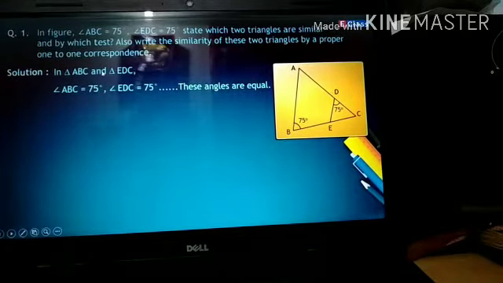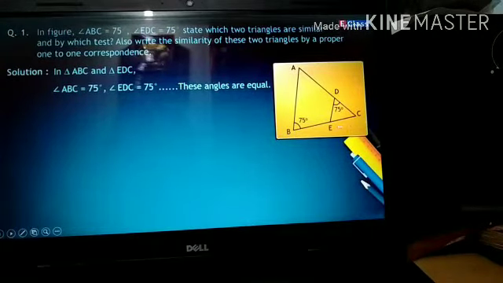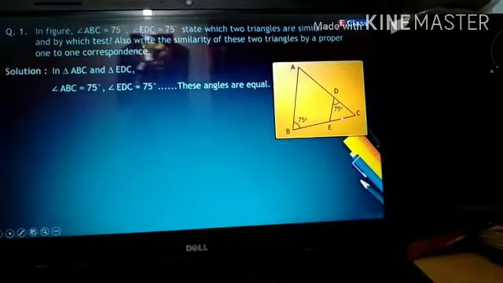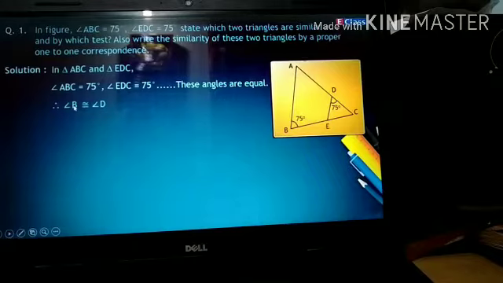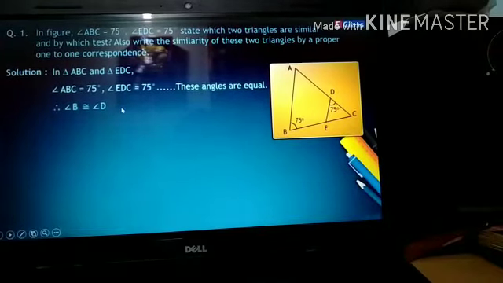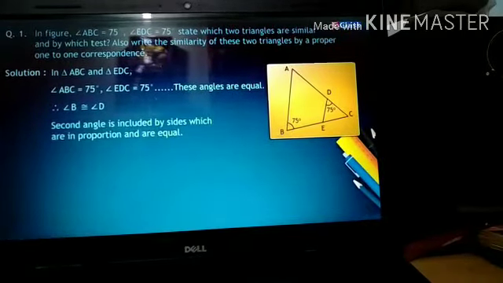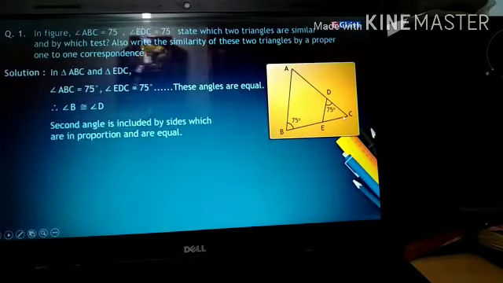We have in triangle ABC and triangle EDC, angle ABC is 75 degrees and angle EDC is also equal to 75 degrees. These two angles are equal. As their measurement is equal, we can say angle B is congruent to angle D. Then if we observe the figure for triangle ECD, we can see angle C is a common angle which lies between sides DC and EC.